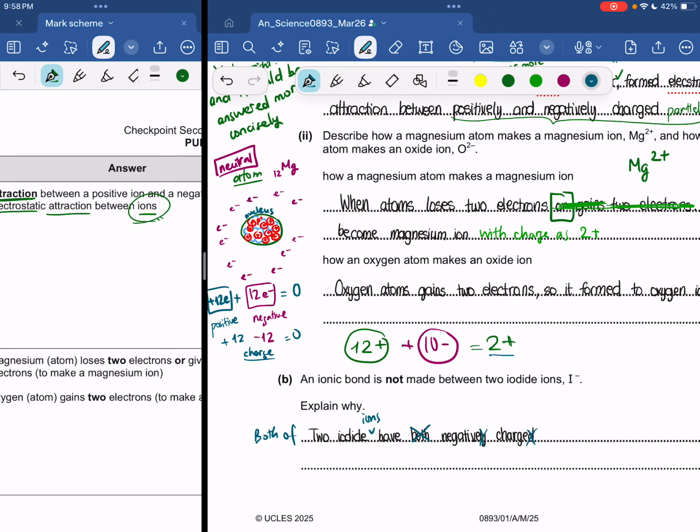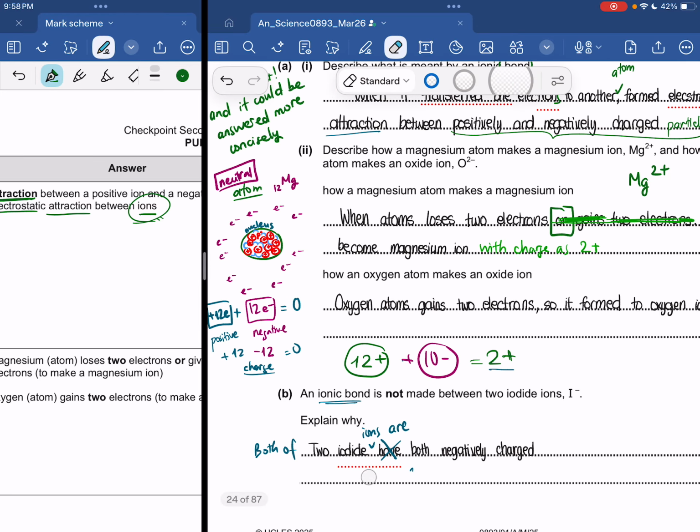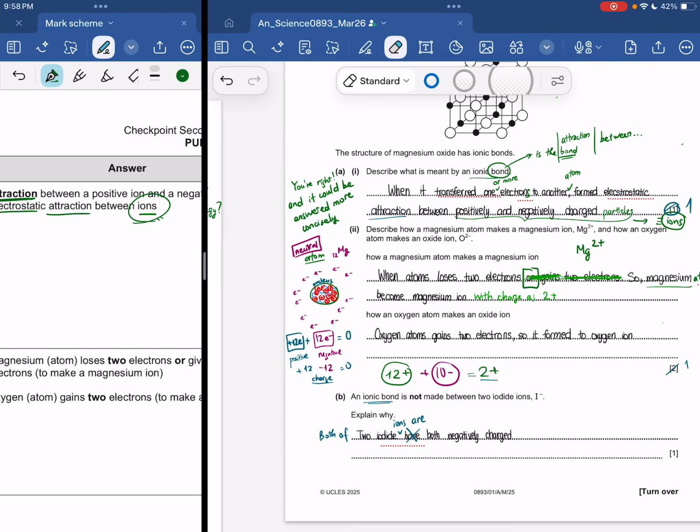Don't use the word "have", but use "are", the to-be verb: are both negatively charged, okay. So that's why they don't have an ionic bond between them, because an ionic bond is basically attraction. That's the point. So I think that if you just mention that, that should be good enough.